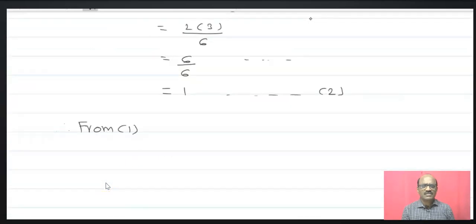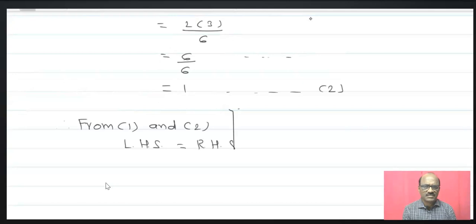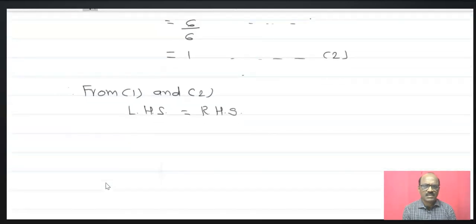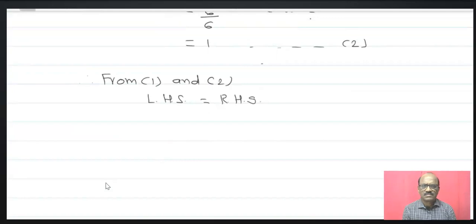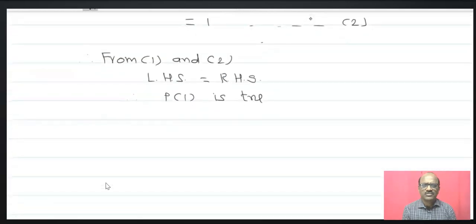Therefore, the foundation is clear here. The first step is clear. Therefore, P of 1 is true.